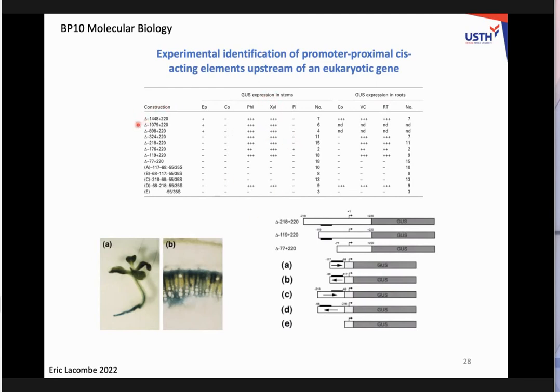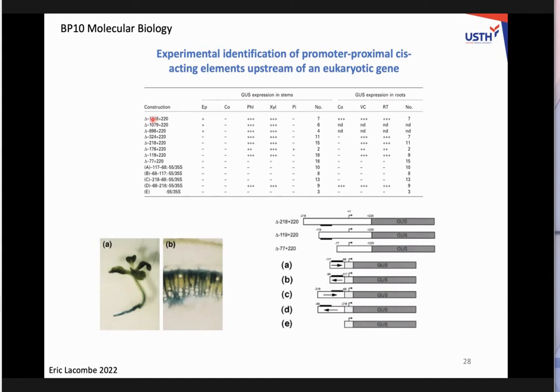So I'm going to explain how to analyze the first line of the results that we obtain in stems with this construct. And then I will ask you how you would analyze the rest of the constructs. And then we will talk about this strange construct after.